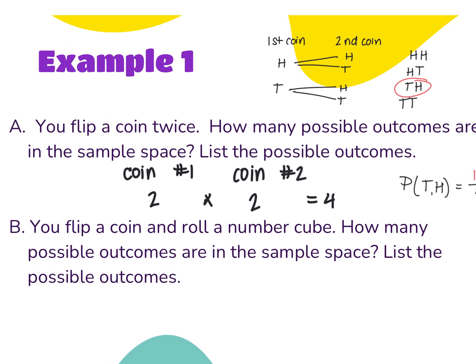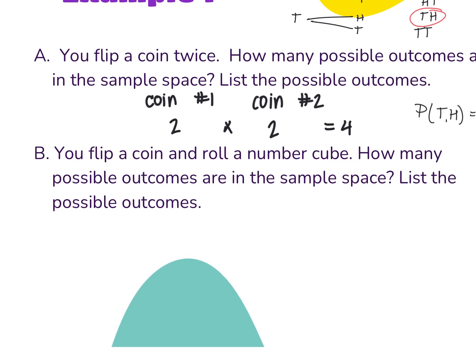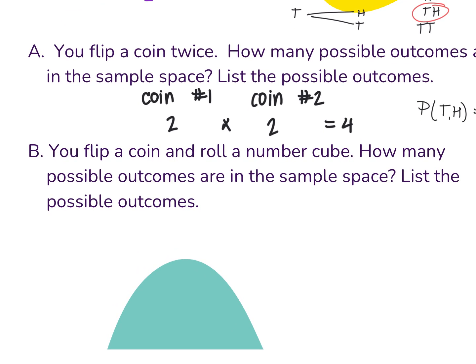All right, looking at the second question, it says, you flip a coin and roll a number cube. How many possible outcomes are in the sample space? List the possible outcomes. So we need to find the total amount of possible outcomes, finding the number first and then listing the possibilities.